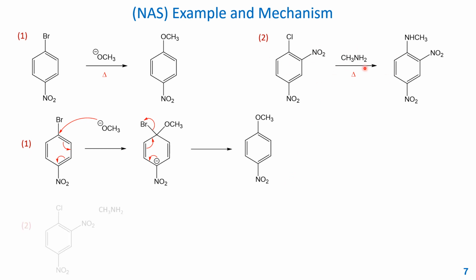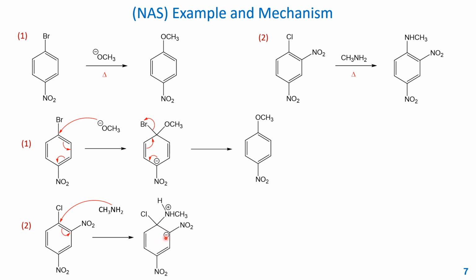Second reaction, you have two nitro groups. Supposedly this reaction could be a little bit faster, but the leaving group is chloro though, so it's hard to compare. So the lone pair on the nitrogen of methylamine will attack this carbon and break this pi bond. The negative charge will be here, stabilized by the nitro group.